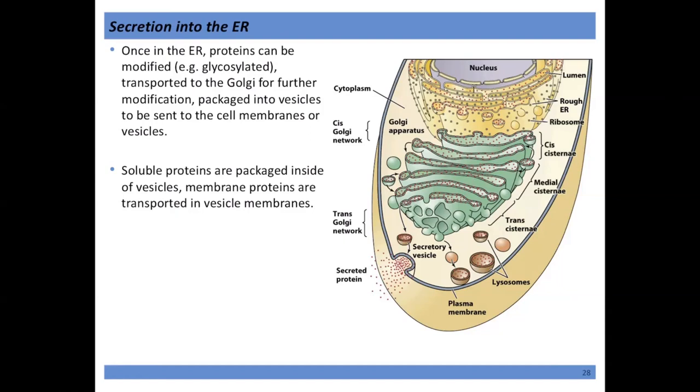Or the other thing that we need to solve is, how do they get into the membrane of the cell? It's a little bit hard to see, but we've got some that are embedded in the membrane of the vesicles. So when they fuse, they will stay embedded in the cell membrane.